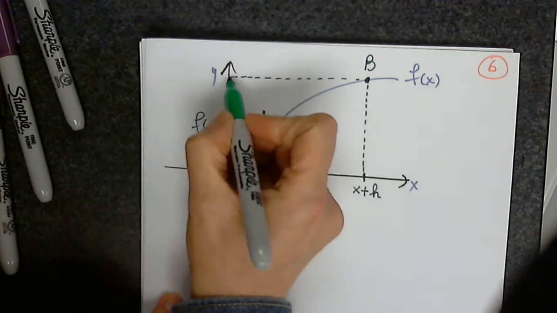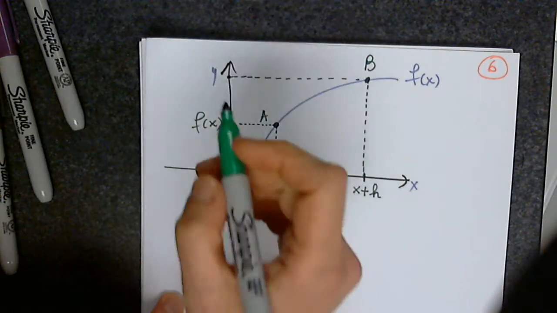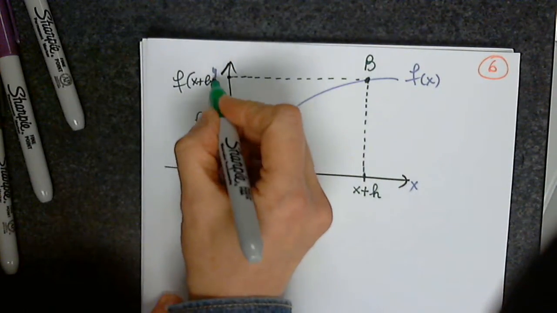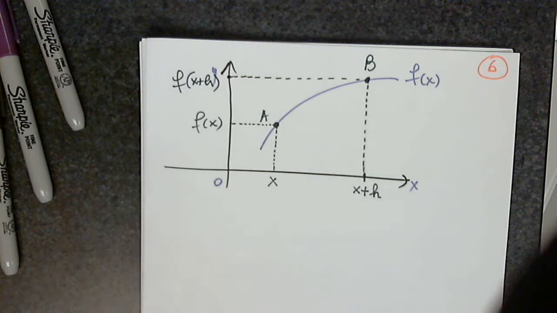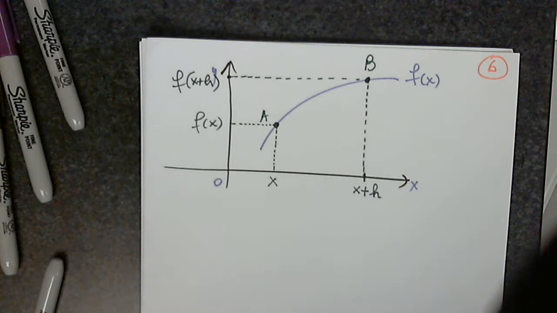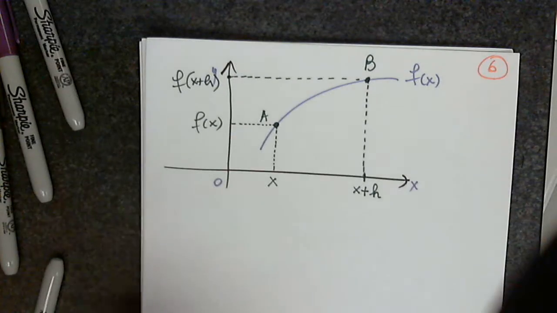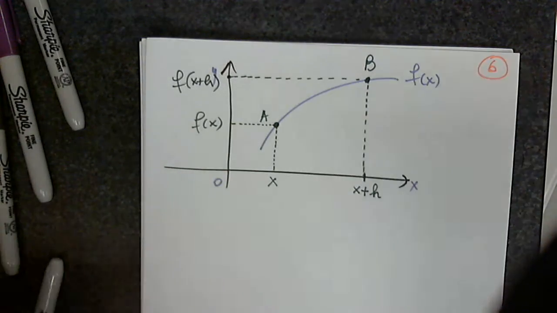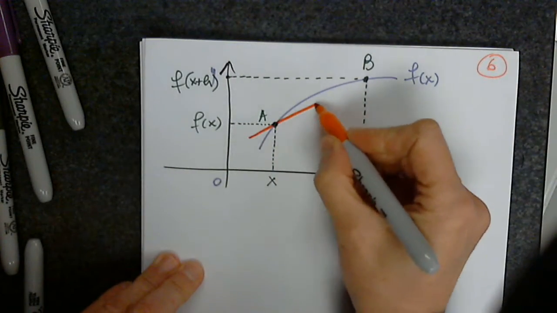Okay, so what is this then? So the idea, one more time, is for a small change in x, I want to know what is the change in y. For a small change in the input, I want to see what is the change in the output. This is nothing else but the slope of this line, the rate of change.